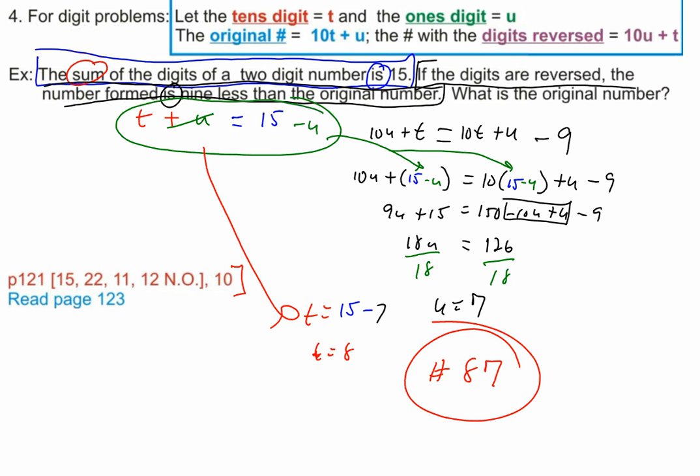Well, T is 8 and U is 7. 8 plus 7 is 15, so it works. 10t plus u for the original: 10 times 8 is 80, and 7 is 87, right? I see. So yep, it works. It'll work if you work it.